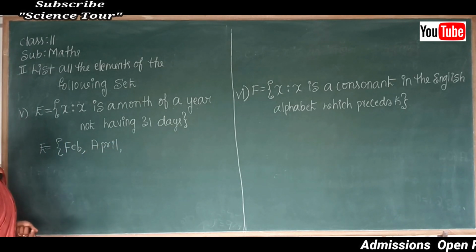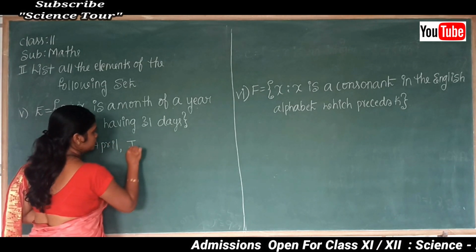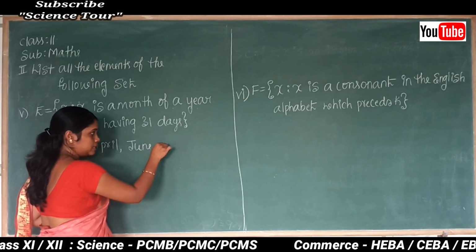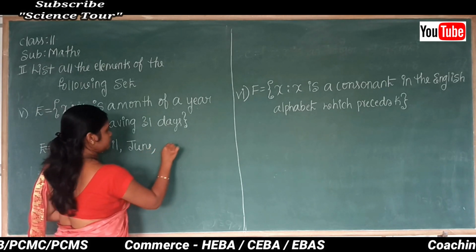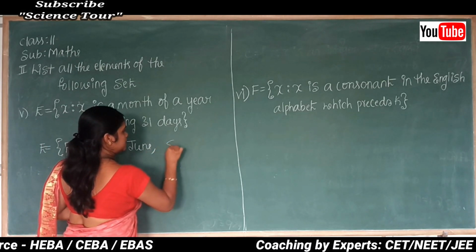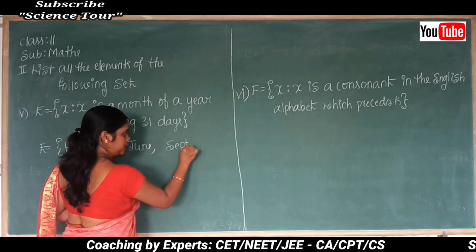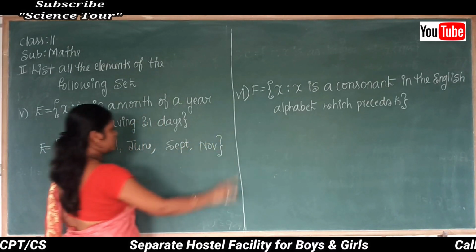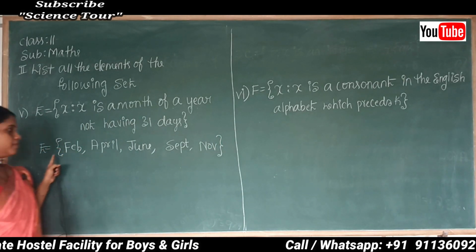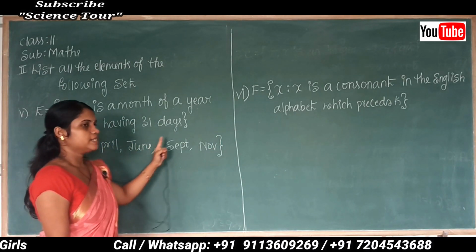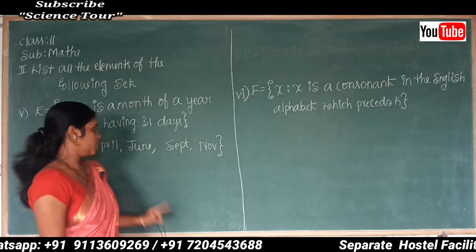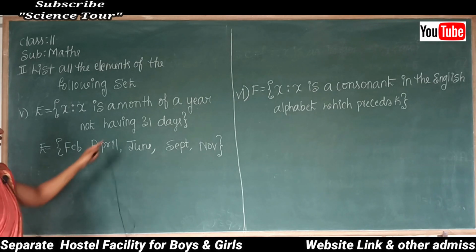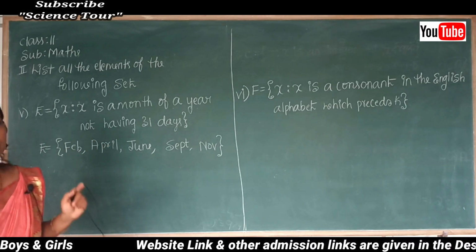After April, June. After June, September. After September, November. So there are totally 5 months: February, April, June, September and November. These 5 months of a year do not have 31 days.